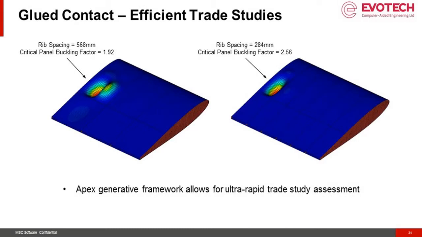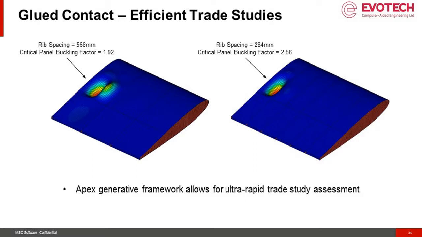So in this slide we can show the effect of the rib spacing modification. Based on a trade study we may have been asked to look at, the critical mode for that portion of the wing skin, on the left hand side with the original rib spacing we have a buckling factor of 1.92, and then on the right hand side with effectively half that rib spacing, so a much shorter or much narrower panel, we now have a critical buckling factor of significantly more, 2.56, in terms of the load that's required to buckle the panel.